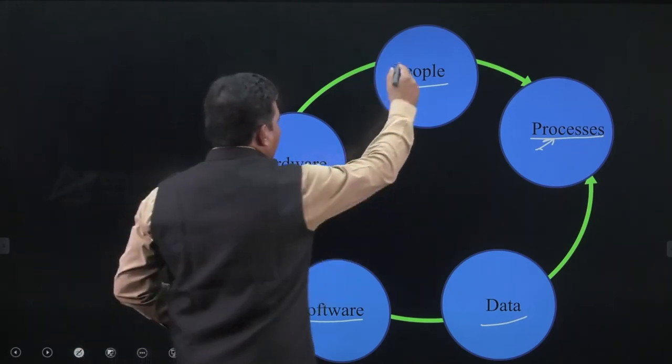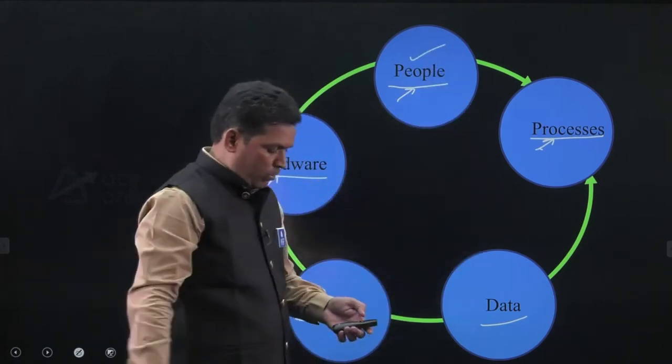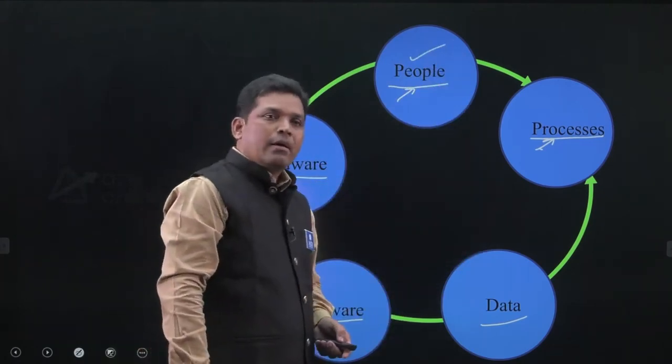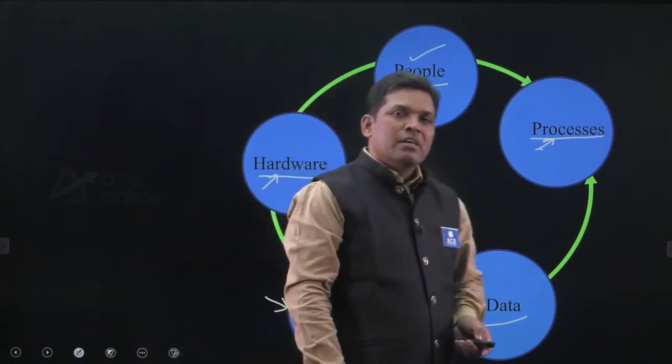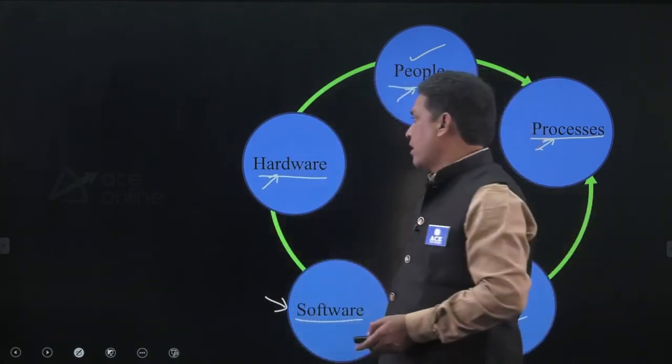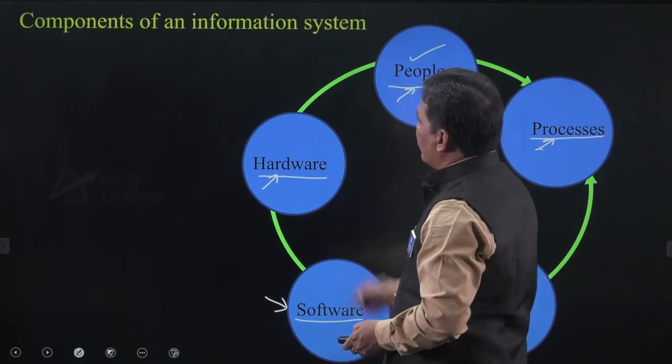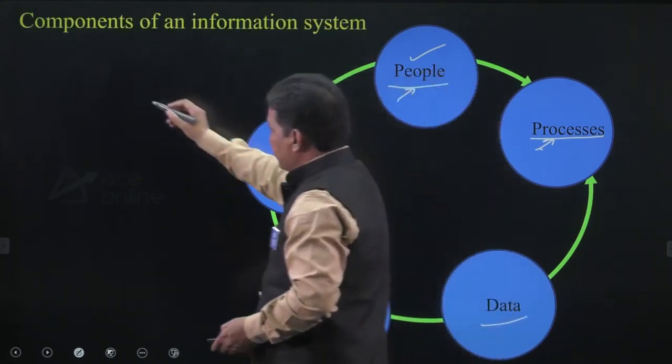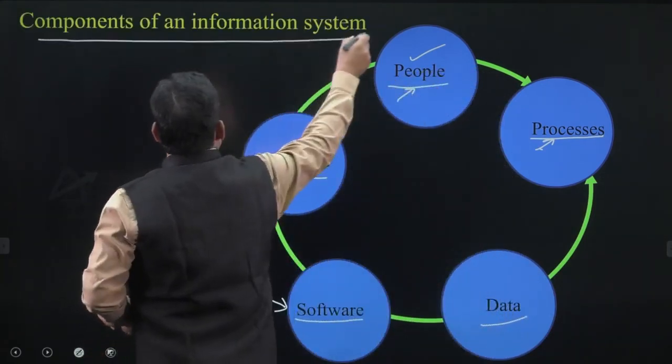We call them people. These are all examples of the components of an information system.